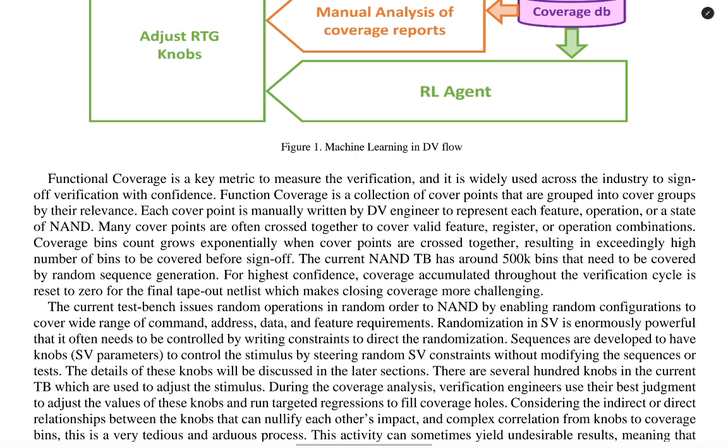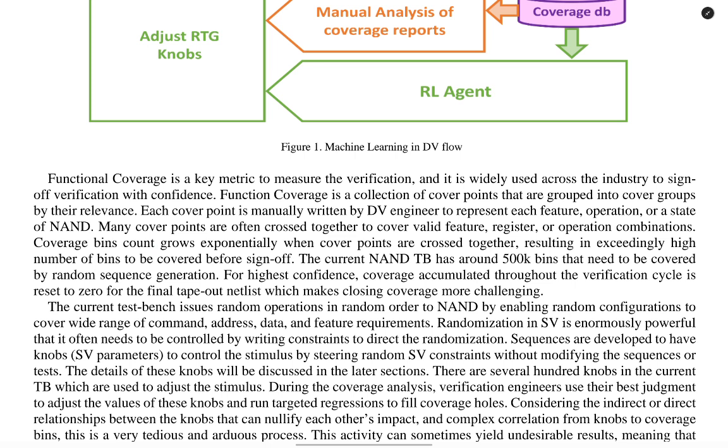Functional coverage is a collection of cover points that are grouped into cover groups by their relevance. Each cover point is manually written by the DV engineers to represent each feature, operation, or state of the NAND. Many cover points are often crossed together to cover valid feature, register, or operation combinations.